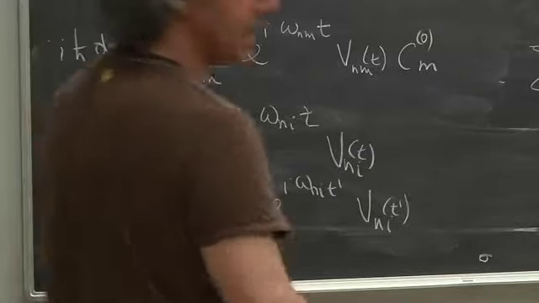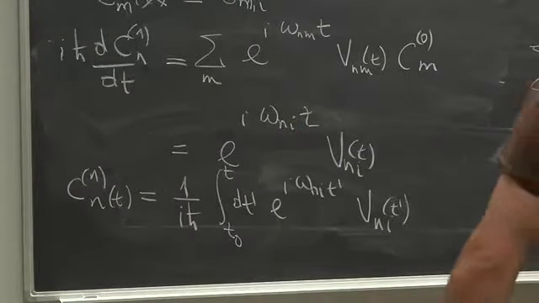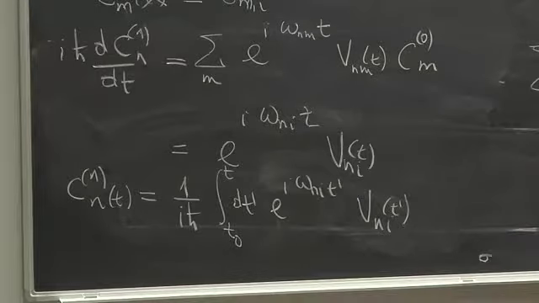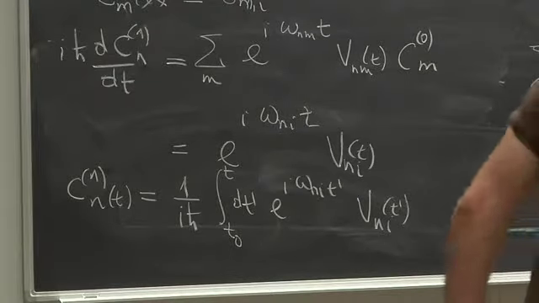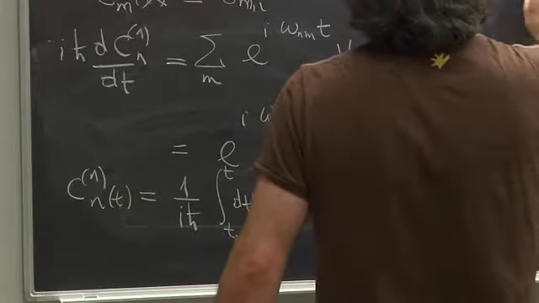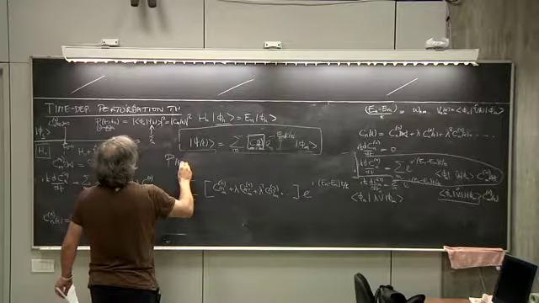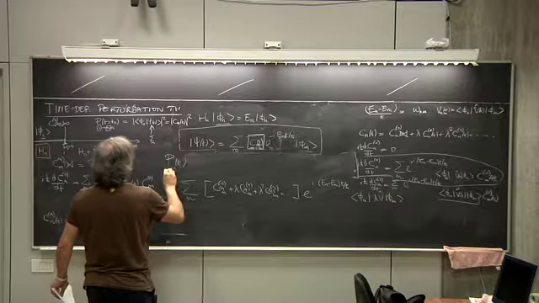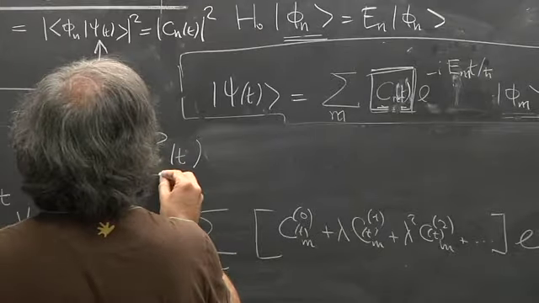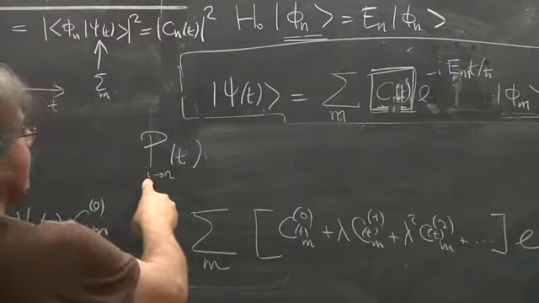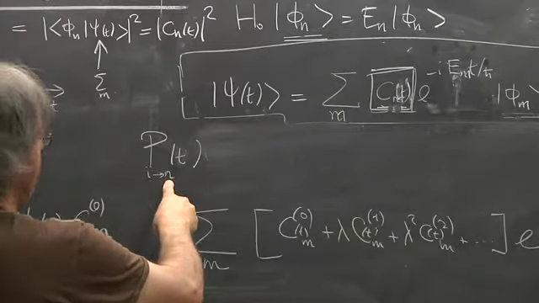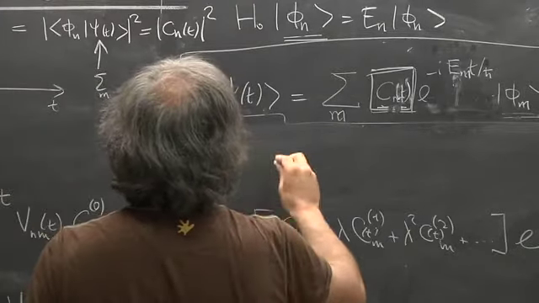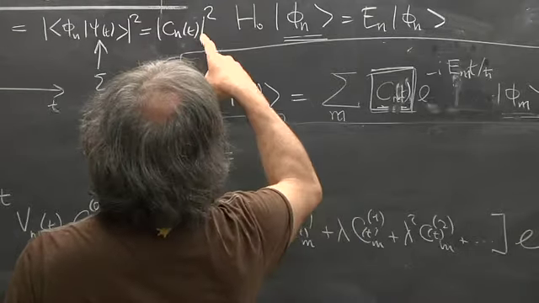So the probability that at time t I am in a certain eigenstate n, if I know that I started from i, so I write this as i to n, then this would be equal, in general, to Cn modulus square.